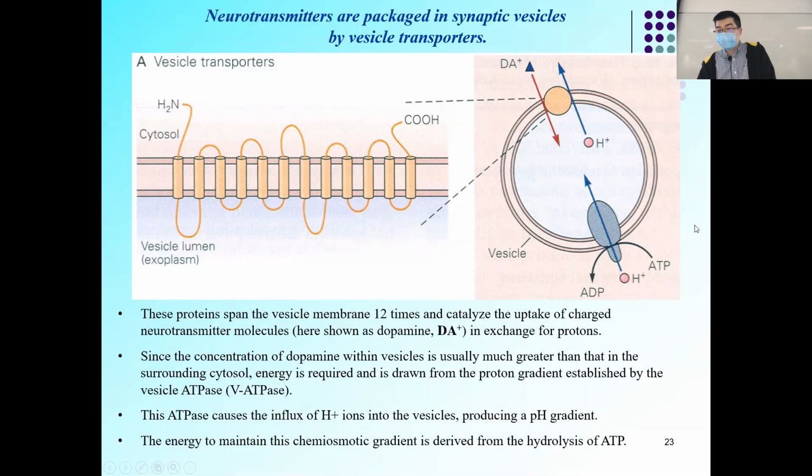It cannot somehow suddenly be transported to the vesicle. So that's what we believe. But there are always new findings sometimes. It is kind of difficult to prove whether it is the case or not, okay?